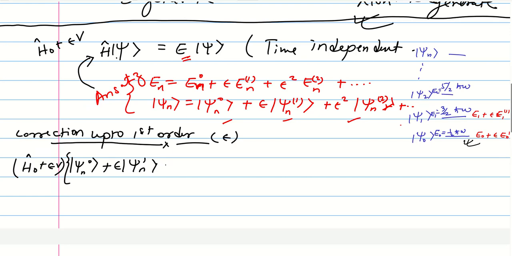So we are ignoring the rest of the terms, meaning epsilon square, psi n superscript 2, we are ignoring all those now. Now E will be replaced by this one. So E in general for the nth state energy eigenvalue will be En. So En will be replaced by this one. Since we are considering up to first order correction only, we are ignoring the rest of the terms.